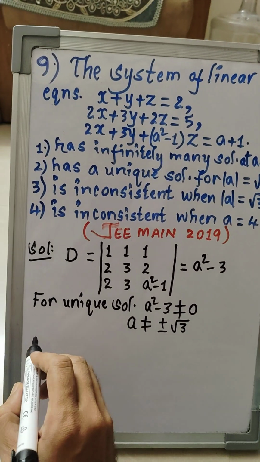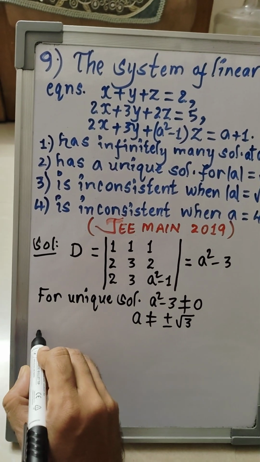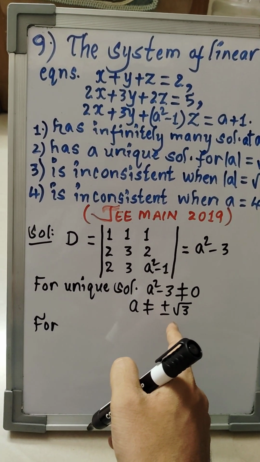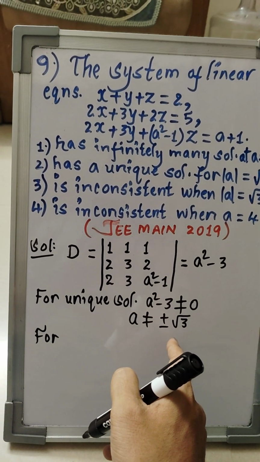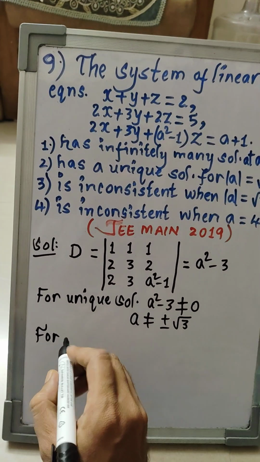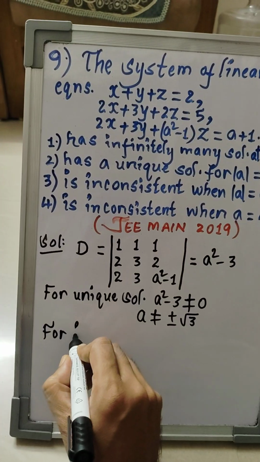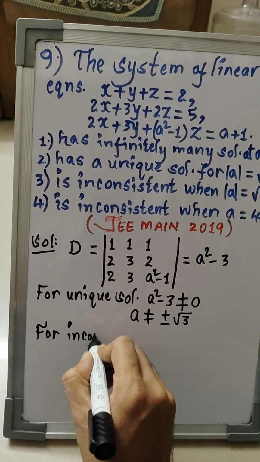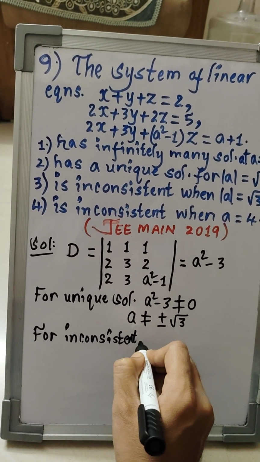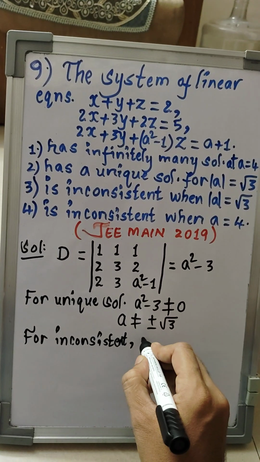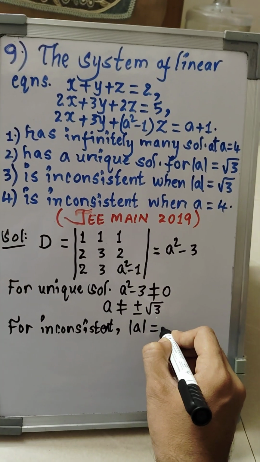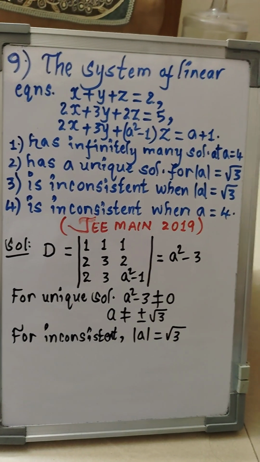For inconsistent equations, obviously the value of mod a will be equal to root 3. The determinant is zero when mod a is root 3.